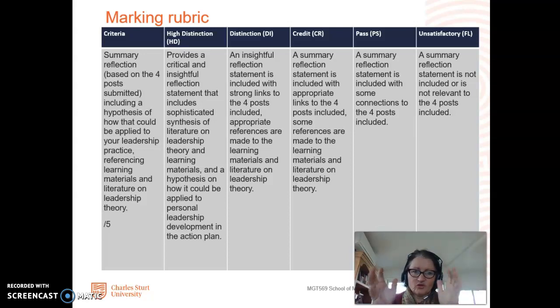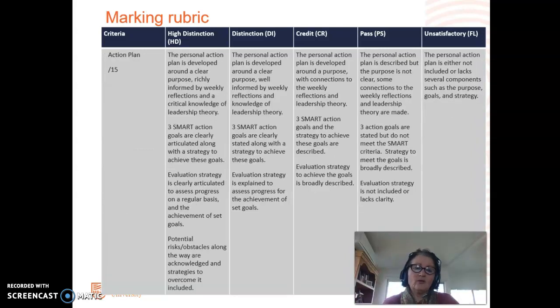We get a lot of Q&A because it's important for you to be able to ask questions. So to get a high distinction needs to be critical and insightful. For distinction across. Okay? So that summary reflection with the 5 guiding questions, I think there were 5, will help you as well.